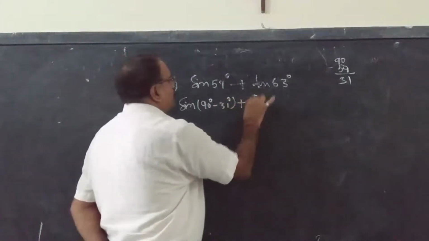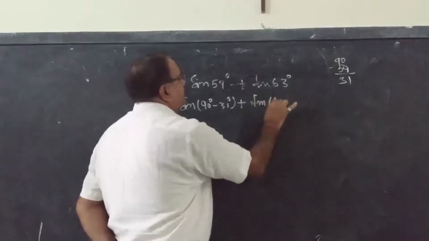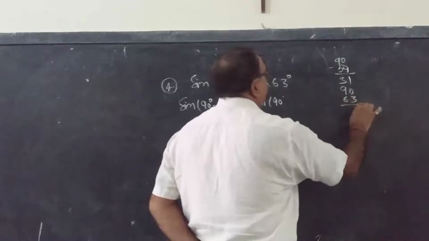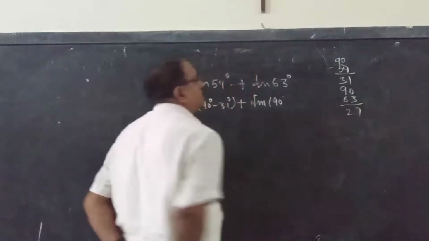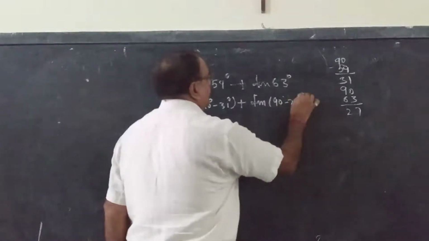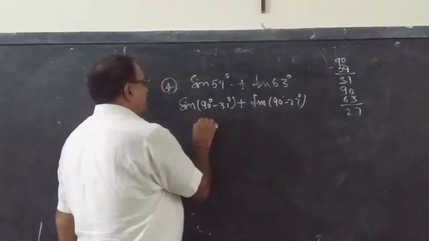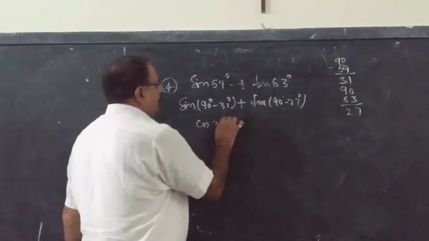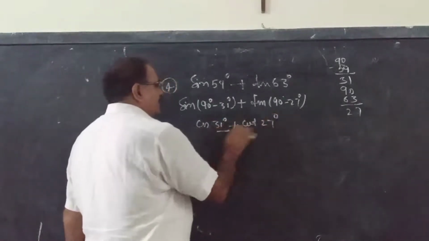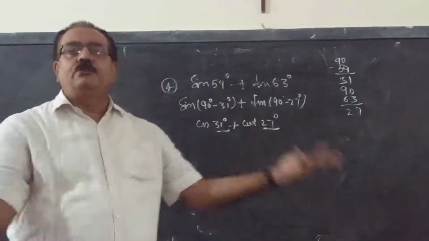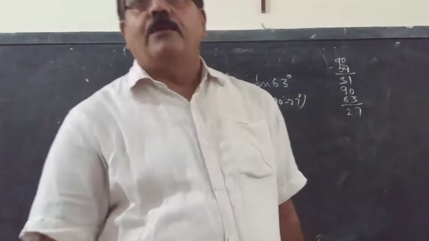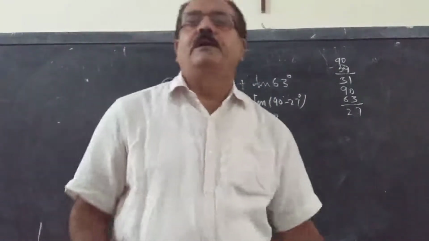Plus tan, how much will we subtract from 90 so that it becomes 63? 27. Now this becomes cos 31 degree plus cot 27 degree. See, these two angles are between 0 and 45. So whenever this type of question is there, convert it to the complementary angle and you will get the answer.